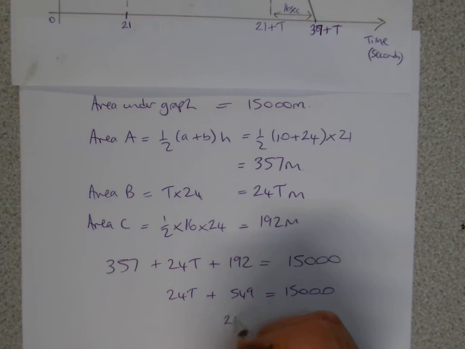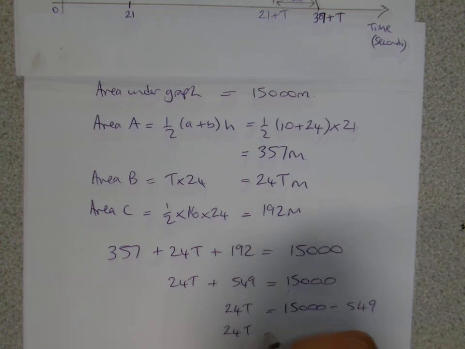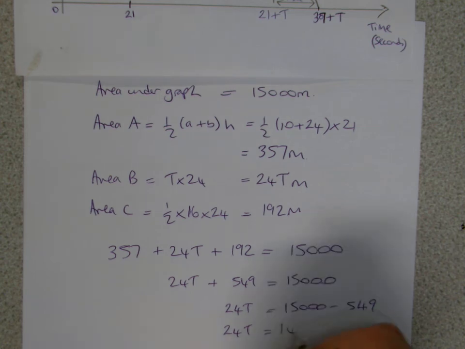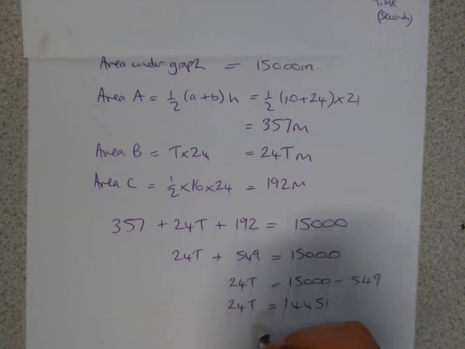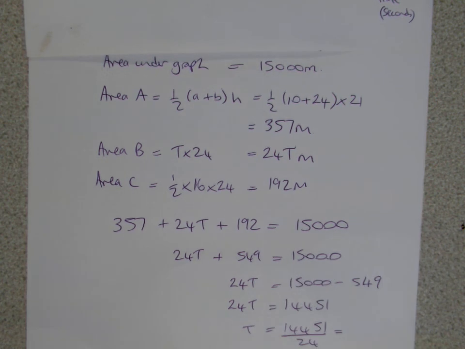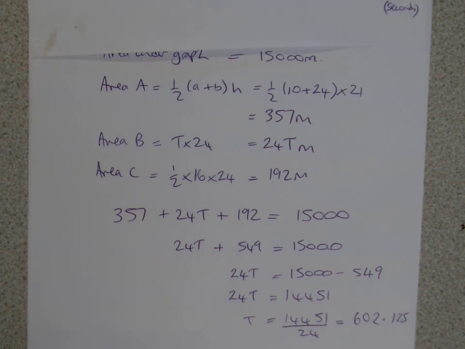Take the 549 over, take away. So we get 14451, and then to get t, you just divide by the 24, and we get 602.125, and of course that's seconds. So I've got the value of t, which is what we want, and we've completed the question.